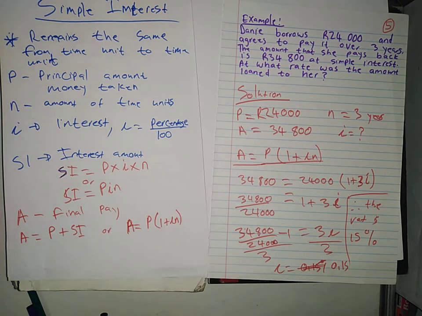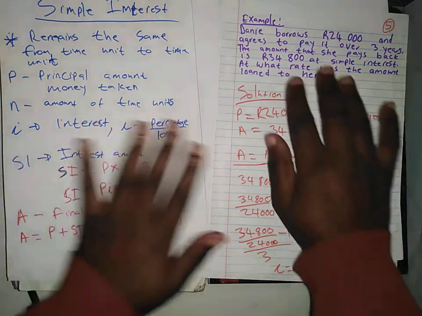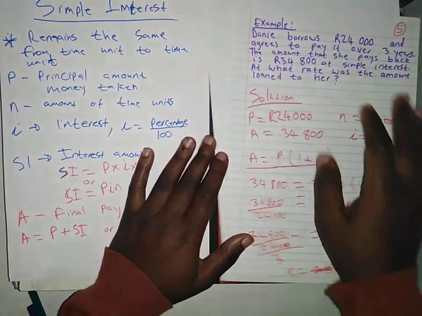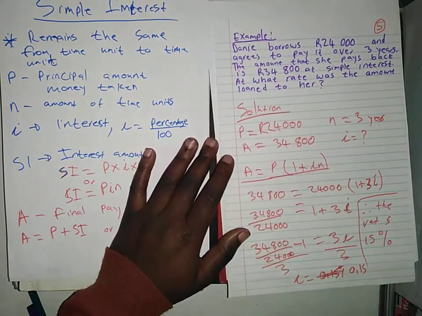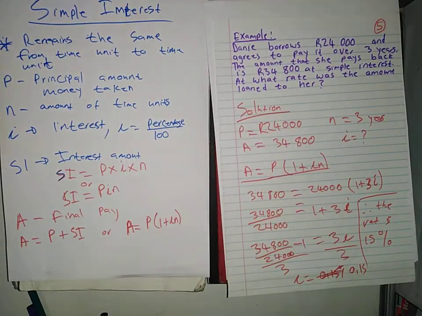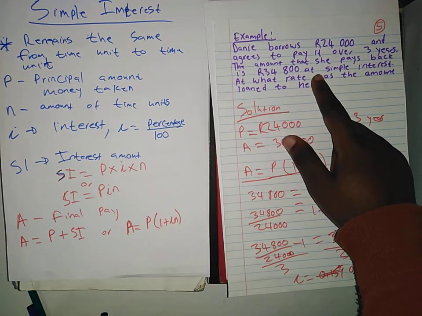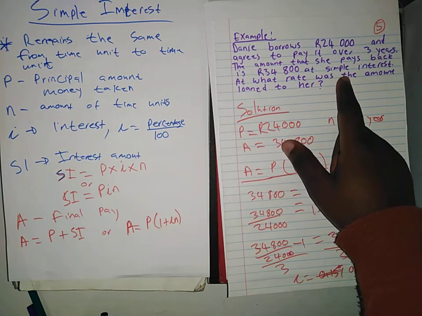Number two, in most cases here, you've been given per annum. Sometimes it's not like that. You'll be given something like per month sometimes. Or you'll be given per annum, and then you'll be given the time in months.